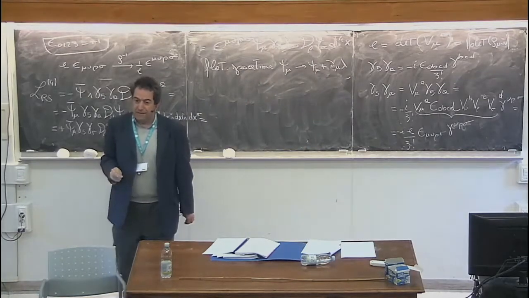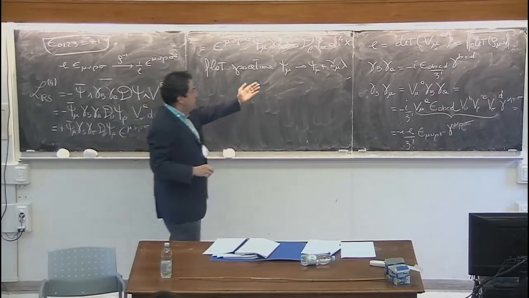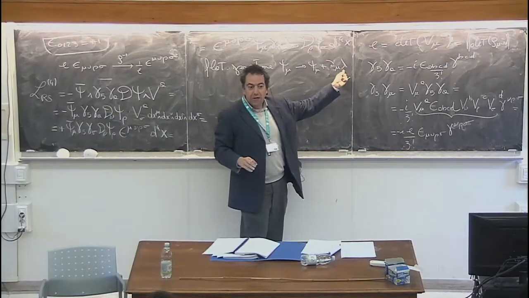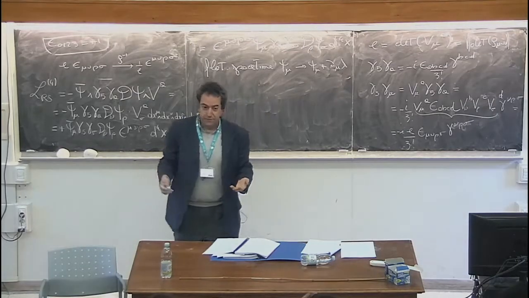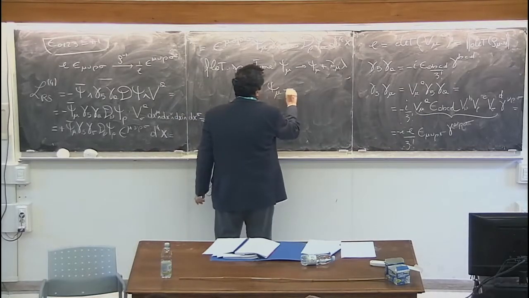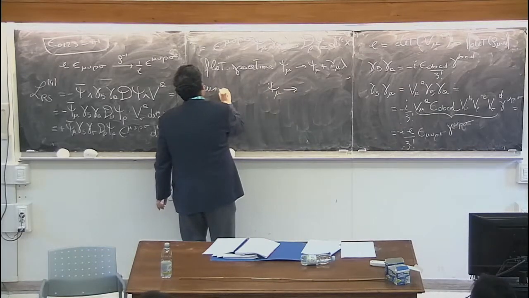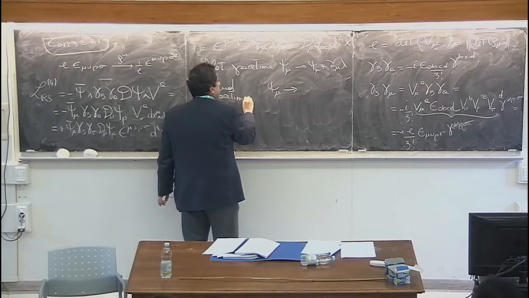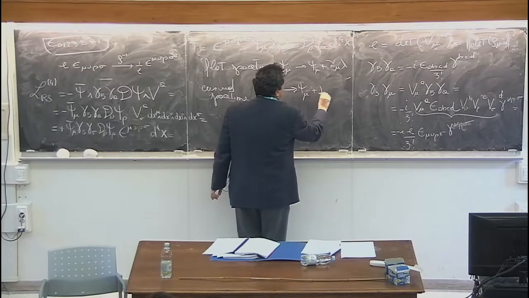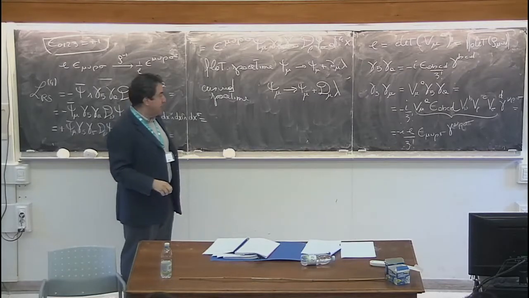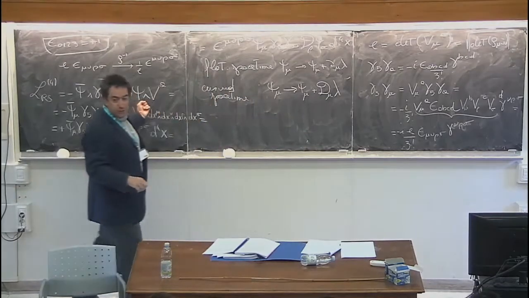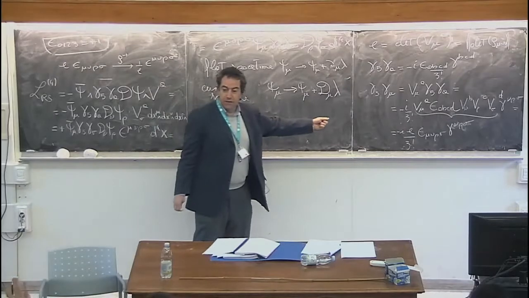Now, they clearly generalize to curved space-time by changing the ordinary derivative to a covariant derivative. Now you can easily verify that the Rarita-Schwinger action is not invariant with respect to this transformation.